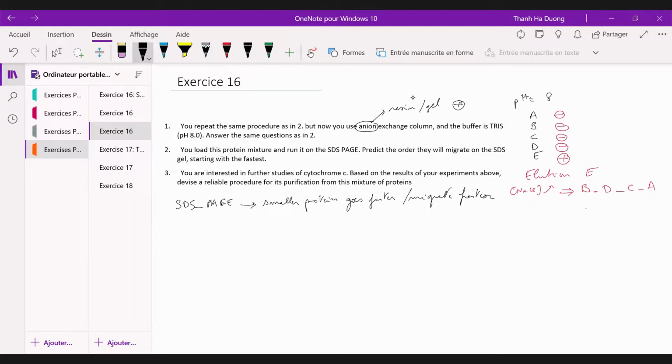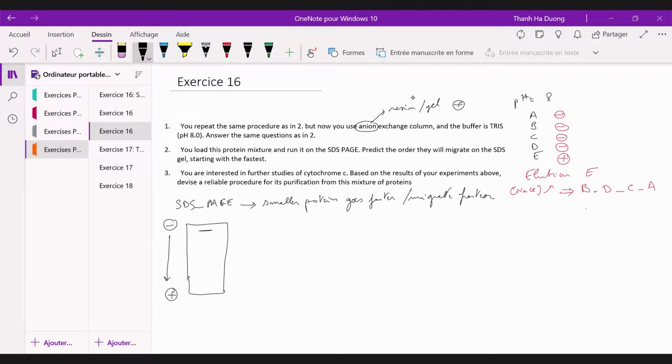So the order will be, if we have the gel with the SDS, the proteins are positively charged or negatively charged? Negatively. All the proteins will be negatively charged, so they will go to the positively charged electrode. This is the direction of the flow.